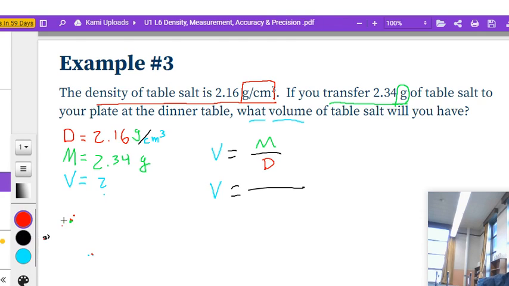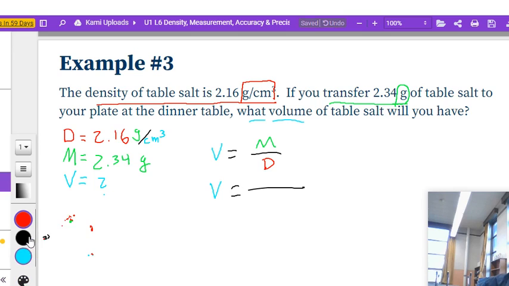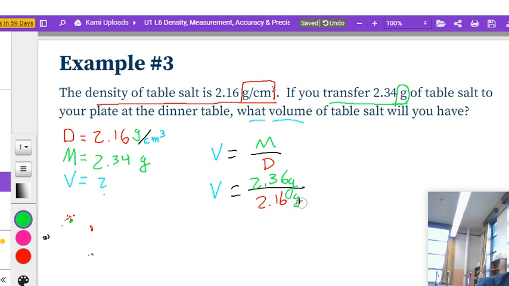which is going to be, and I got a little bit of a glitch here, so bear with me. Okay. And so my mass is 2.36 grams, and that's going to be over my density, which is going to be 2.16, and that's going to be grams per cubic centimeter.